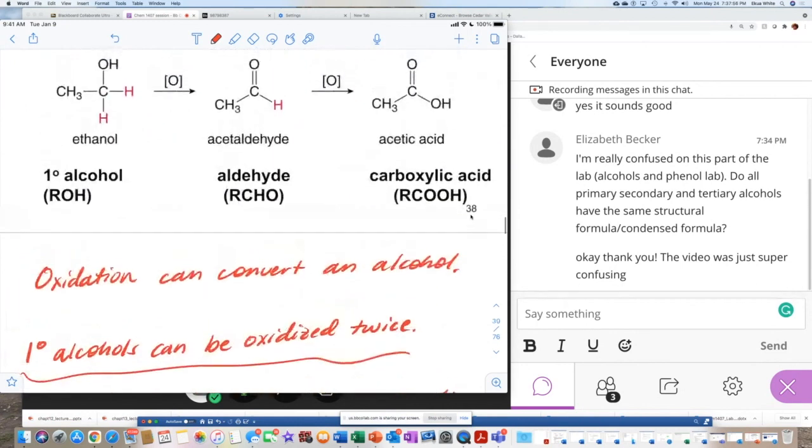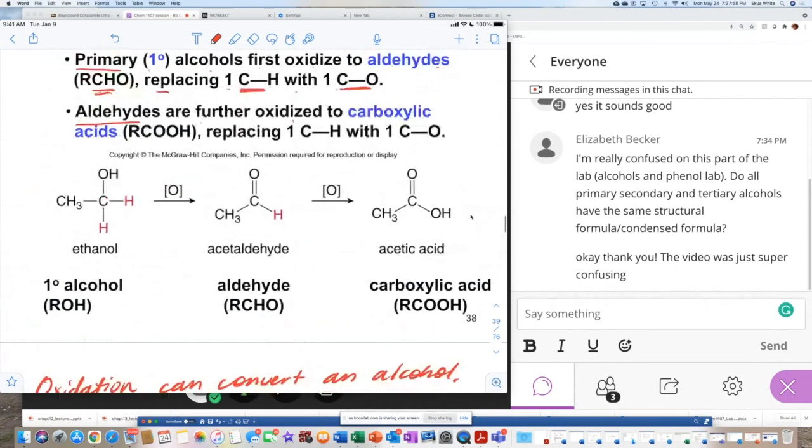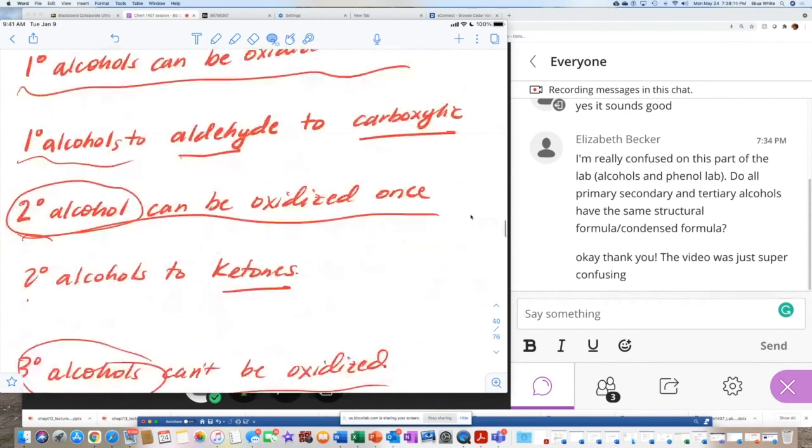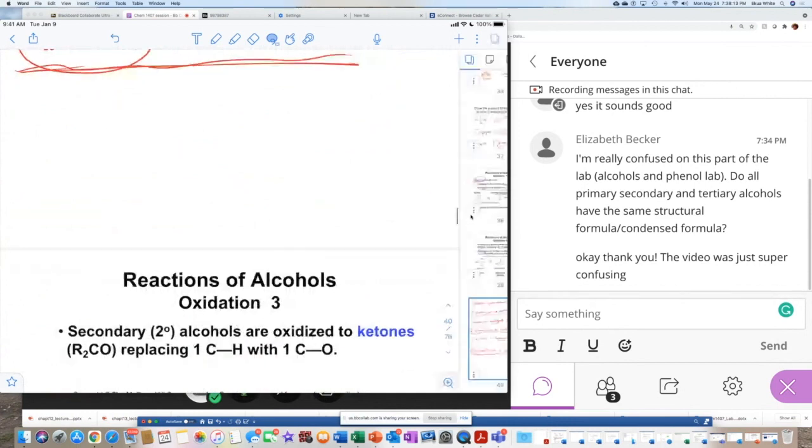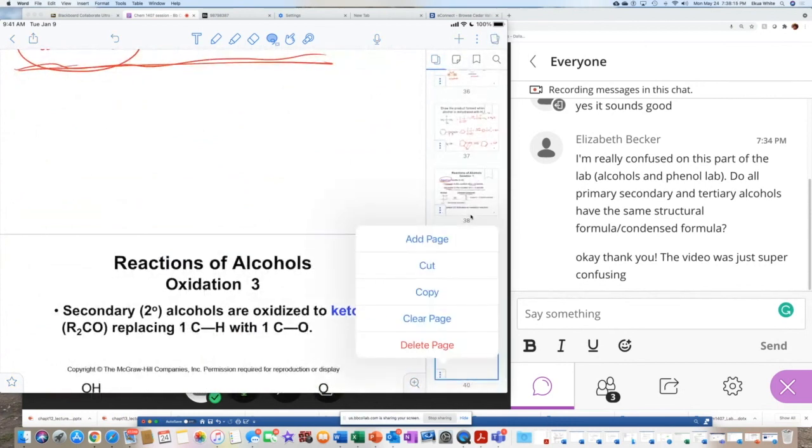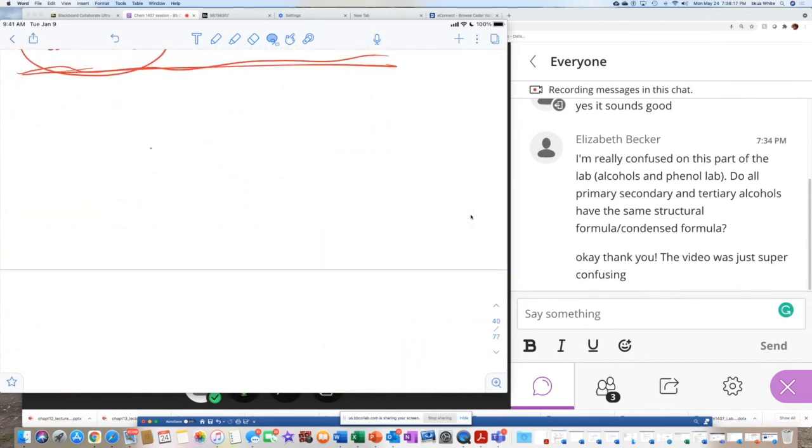So let's go back here and look at this picture right here. I really don't like what they did. Let me copy this to the next page, and then we'll sort it out from there. Okay, so let's look at another page here. You want to have the carbon and the oxygen side by side, right?